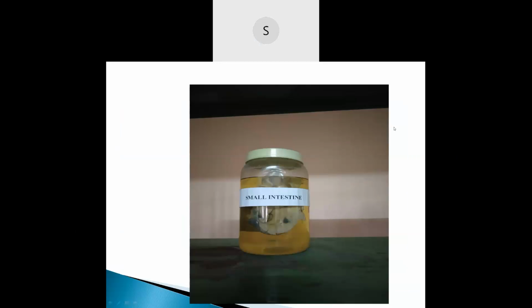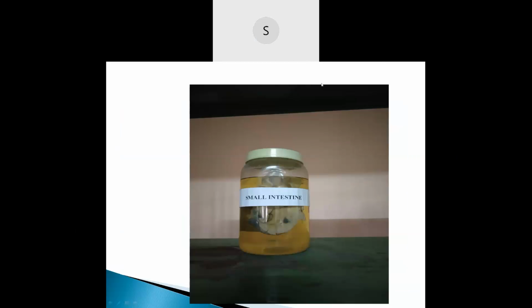The small intestine is made up of three segments: number one, duodenum, jejunum, and ileum. The small intestine breaks down food using enzymes released by the pancreas and bile from the liver. The duodenum is the first segment of the small intestine.